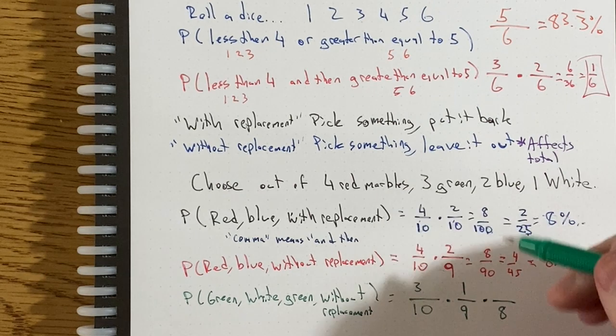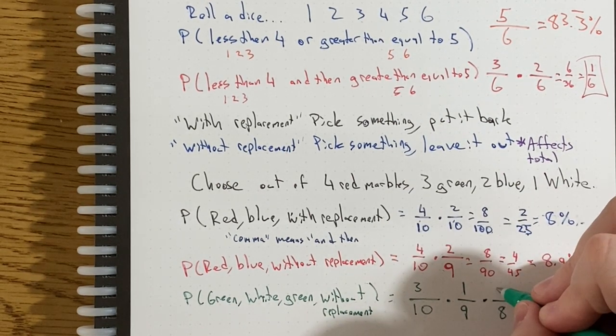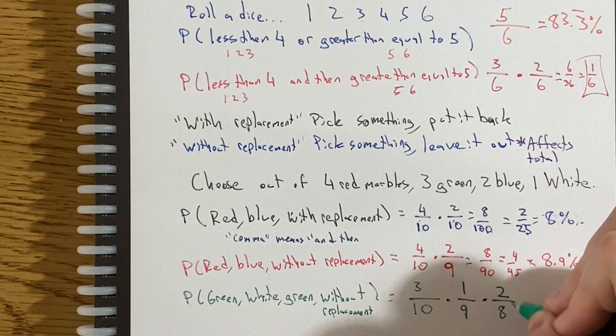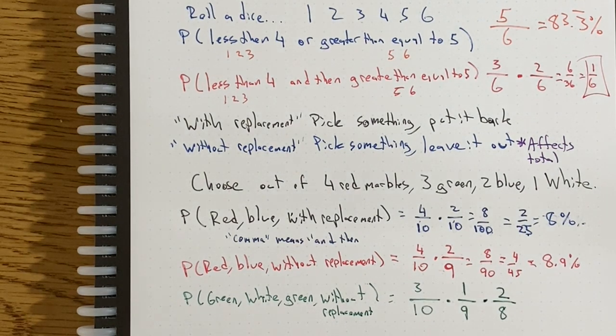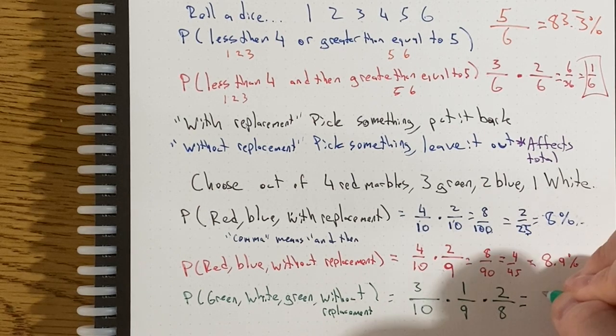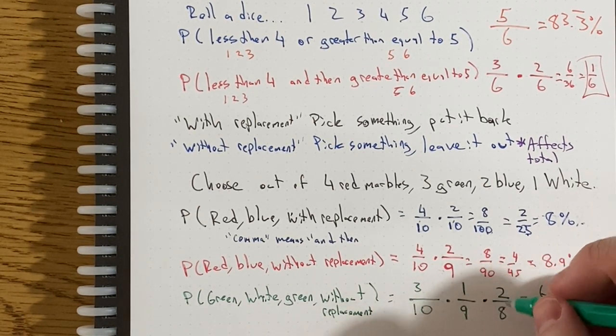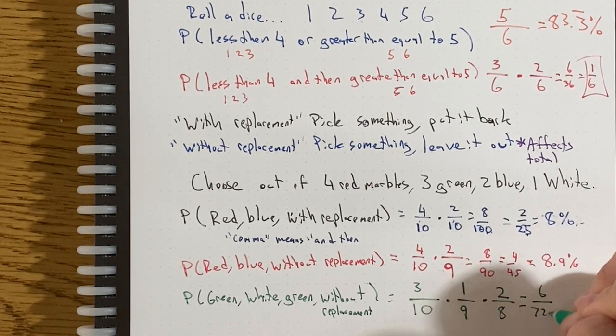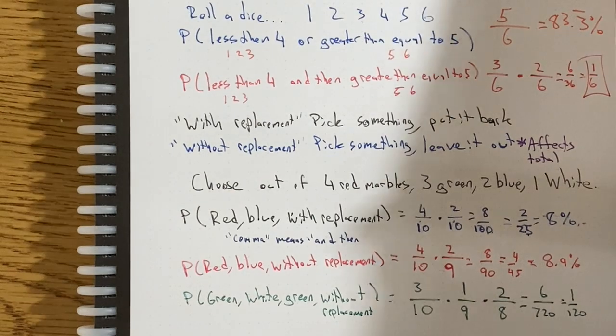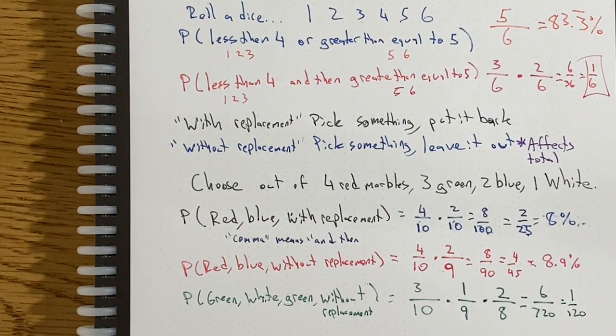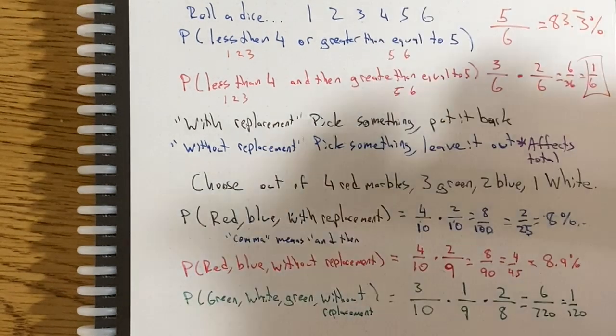Now, how many green are there? 2, because one of the green ones has already been put to the side. 6 out of 720. 1 out of 120. Which, if you want to know the percent for that, it's going to be 0.8%.